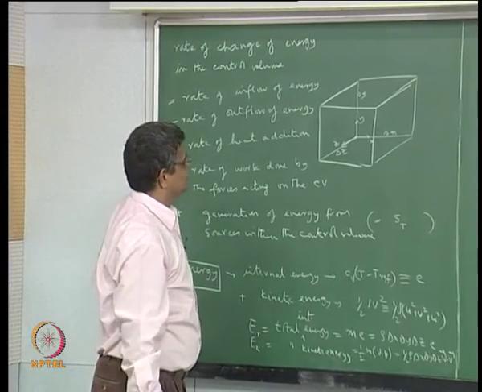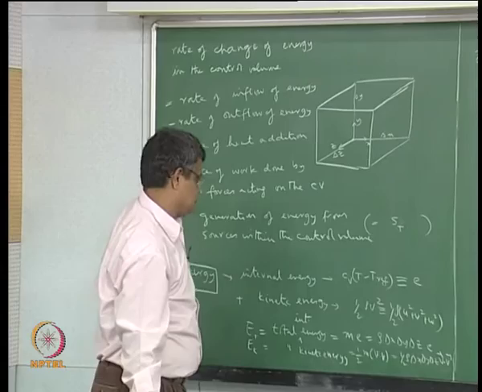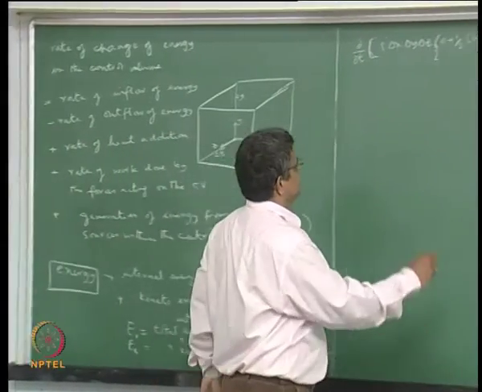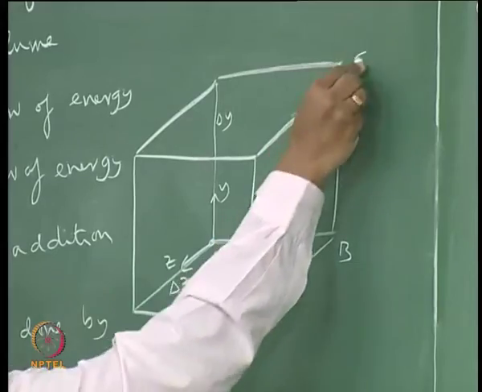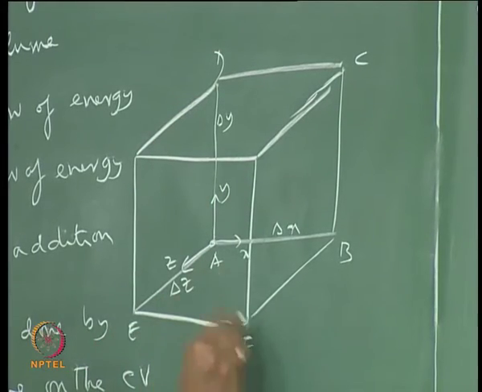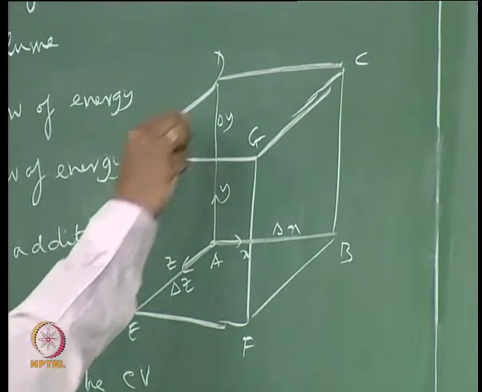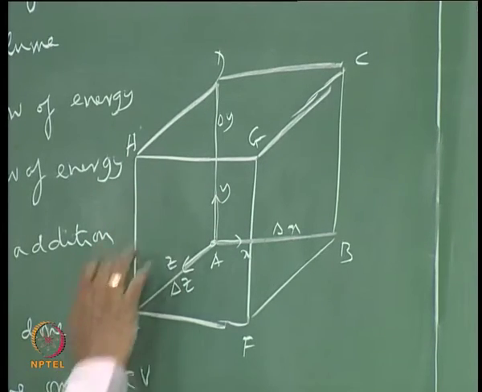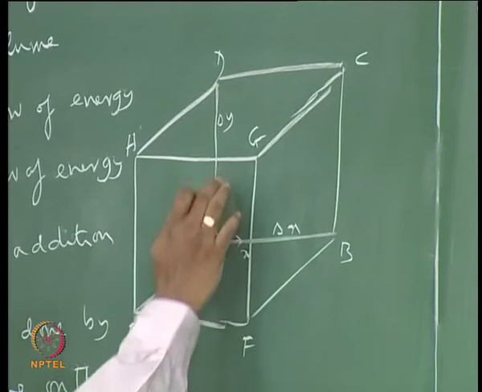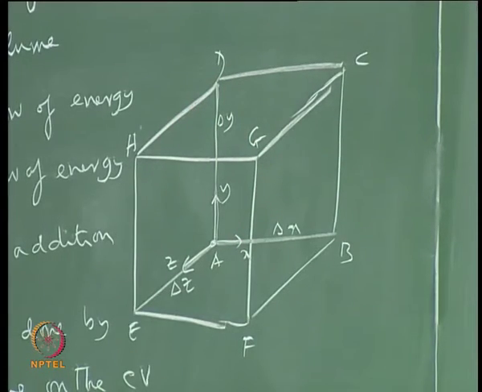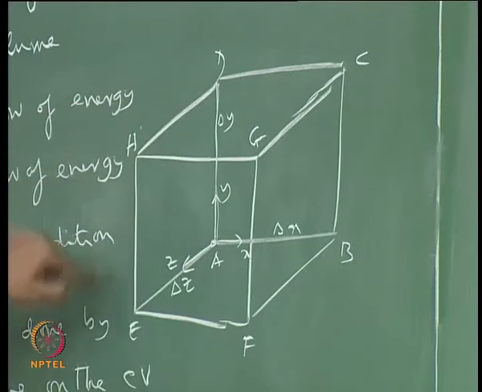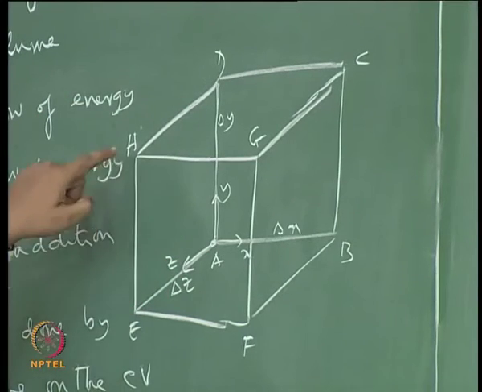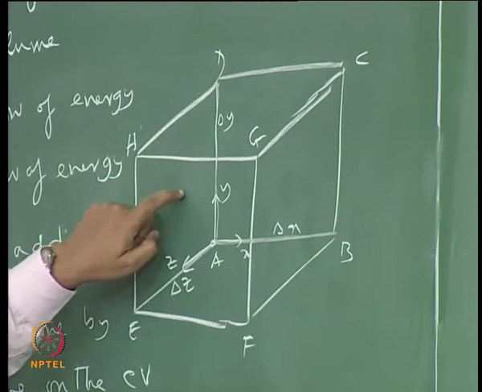Okay, so we can write that as, we know the mass flow rate, if we were to put A, B, C, D and E, F, G, H as the vertices, visually we can see that this is an inflow surface, that is the negative x face, and similarly the bottom face is an inflow face, and then the back face is an inflow face for this, and the flow rate through each of these is rho times the cross sectional area, which in this particular case is delta z times delta y, times the normal velocity at the centroid.